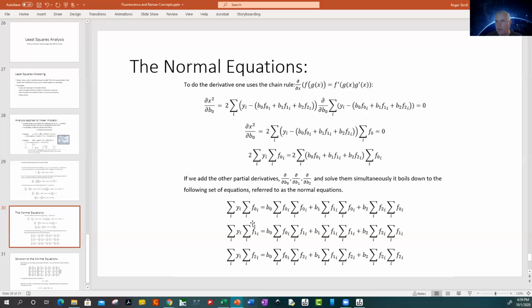One way this simplifies is that the sum over i of y sub i is just a number, and the sum over i of f0 sub i is just a number. B0, B1, and B2 are unknowns. Then you go from finding B0 to finding B1 to finding B2 just by incrementing these values.